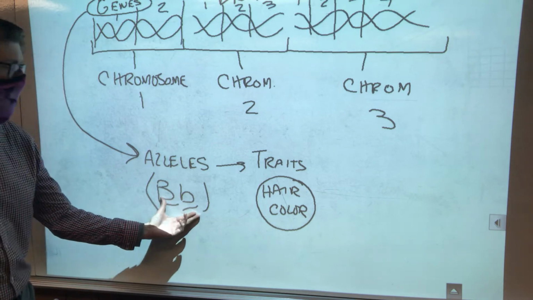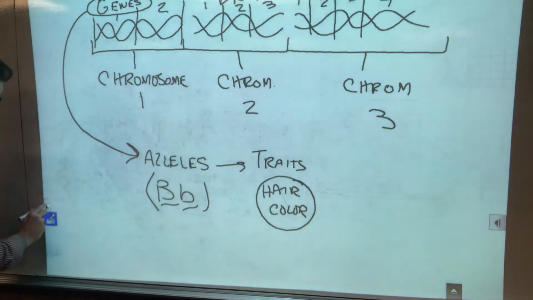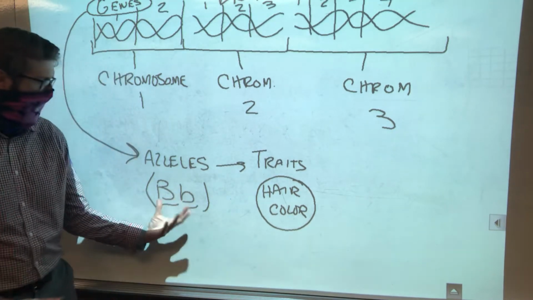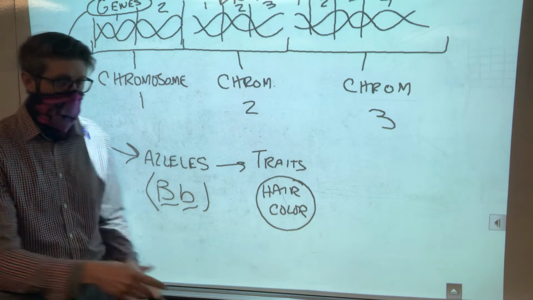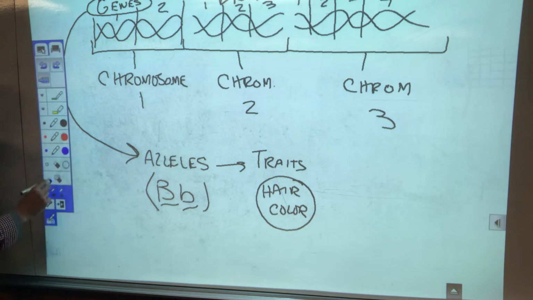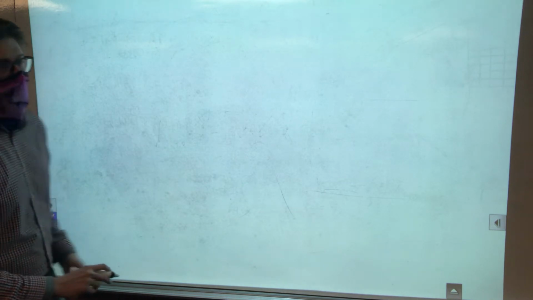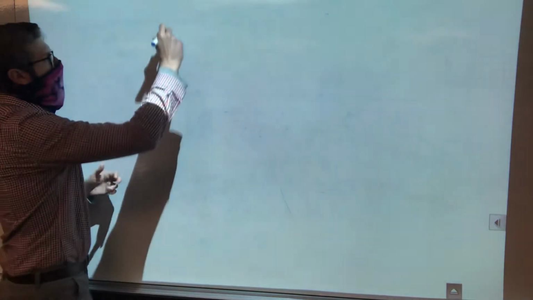So that's where the Punnett Squares come in. So again, the whole point of the Punnett Square is to say, okay, if parent number 1 has big B, little b, and parent number 2 has big B, little b, well, what could their kids be, okay? So let's work through that.